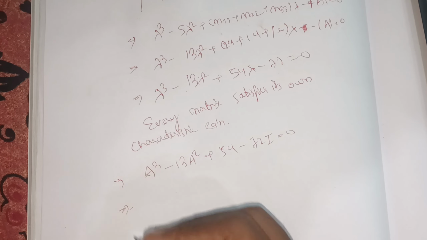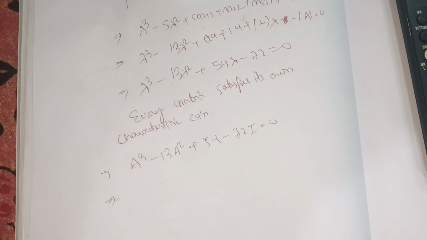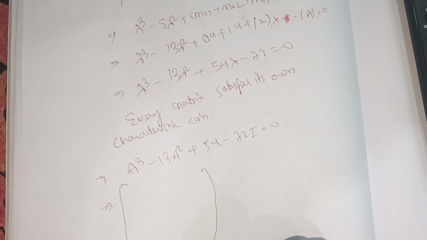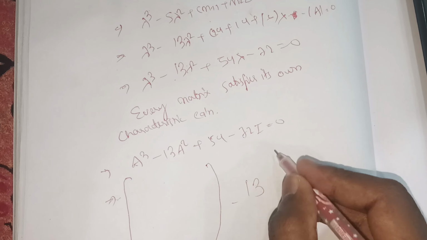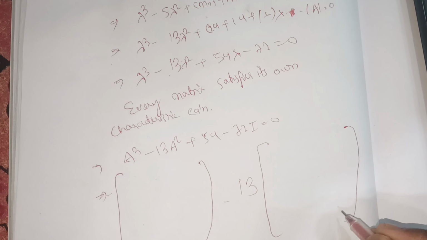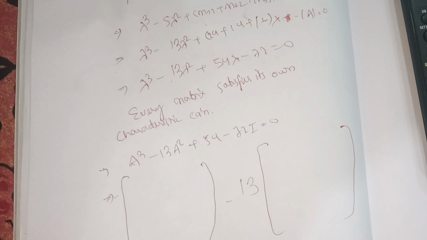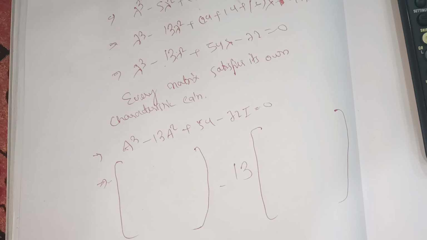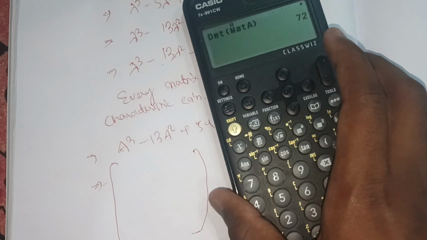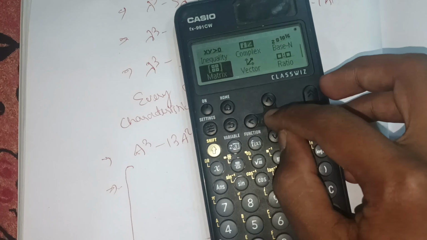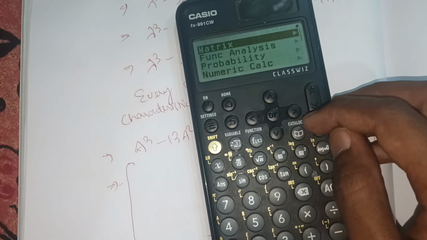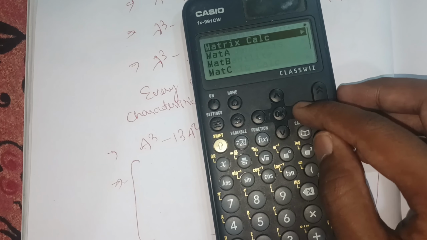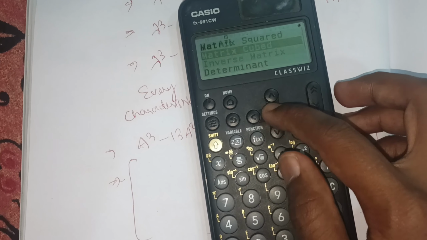So here for verifying it I am using the calculator. So let's do it. Lambda cube minus 13 lambda square becomes A cube minus 13 A square plus 54 A minus 72 I. So let's understand this, and by using the calculator let's calculate the values. Mat A whole cube means what here? Matrix cubed.